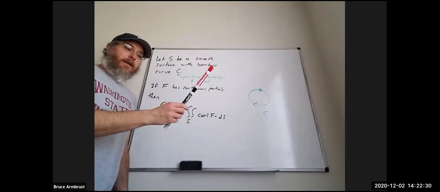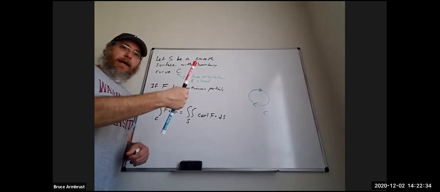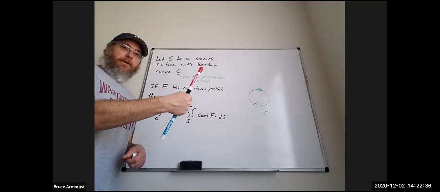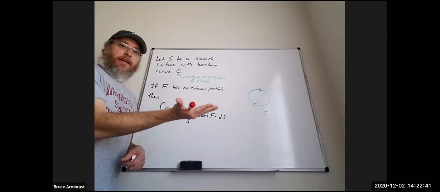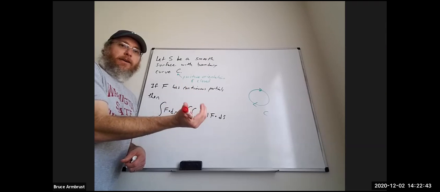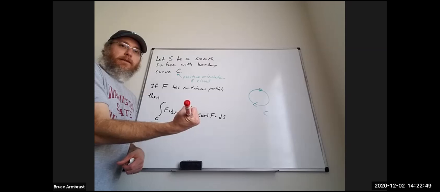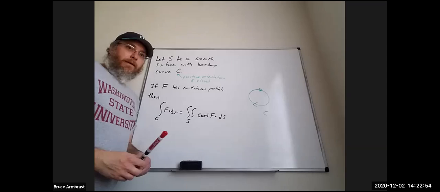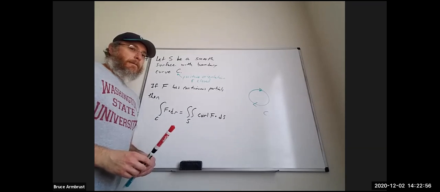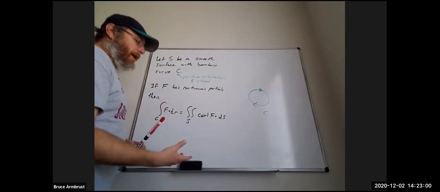Okay, so here's our normal vector. You're going to want to take your right hand and wrap it around and grab that normal vector. Notice my fingers as I wrap around that are curving. This is positive orientation. That's what it means to have positive orientation.